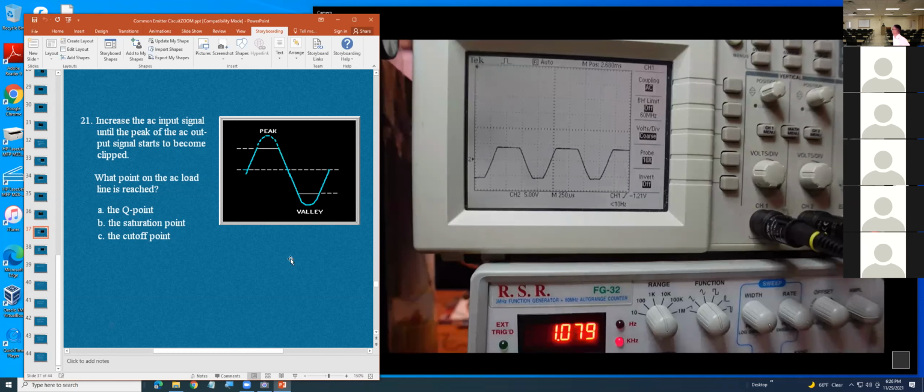Okay. So now you can see the output. They cut it on the top. So what happened to the transistor right now? Fully saturated.